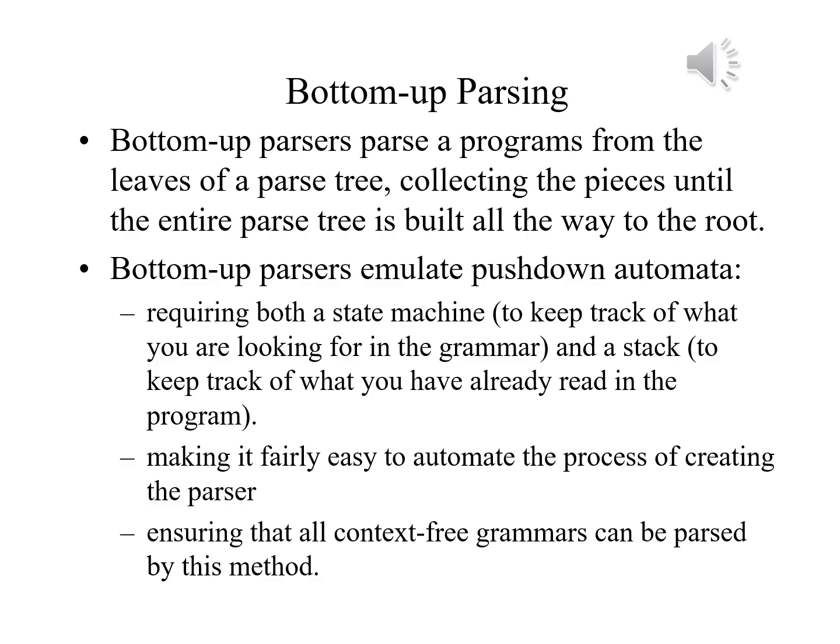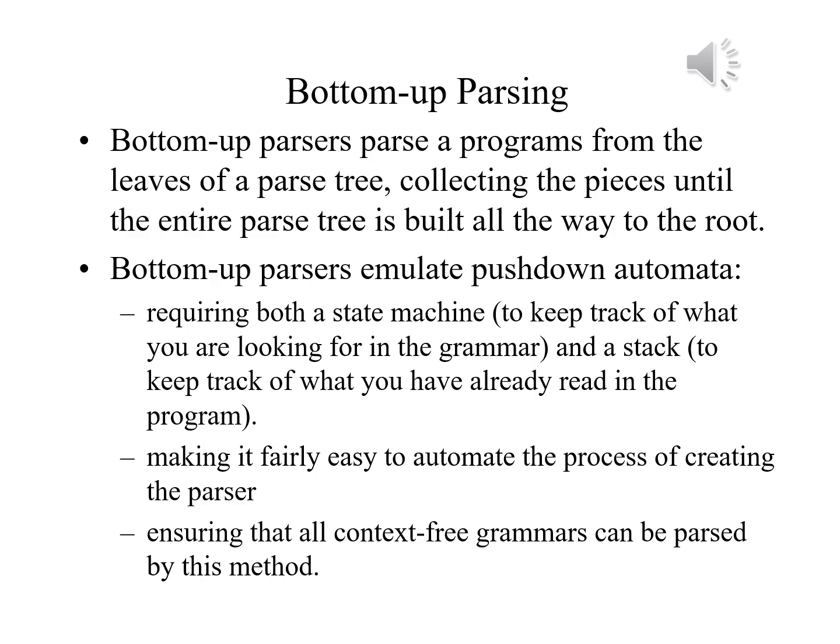Bottom-up parsing is emulating the push-down automaton, the theoretical machine that processes context-free grammars. The machine consists of a set of states and a stack. The states allow you to keep track of where you are as you process the grammar and the program you are looking to translate.